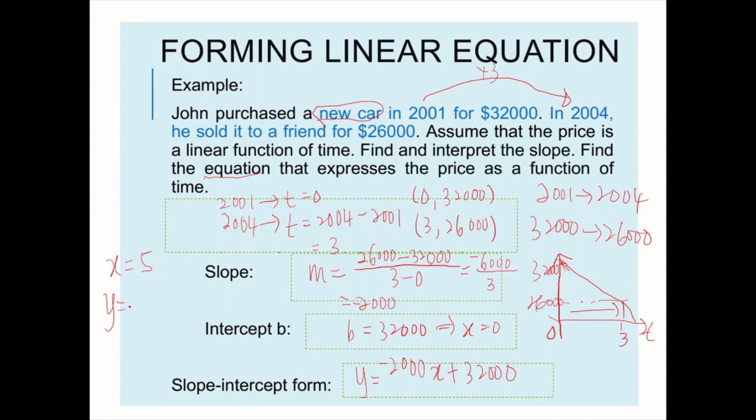We use the function to calculate: x is 5, so we have negative 10,000 plus 32,000, which is 22,000. It means that after 5 years, the price of the car is 22,000.